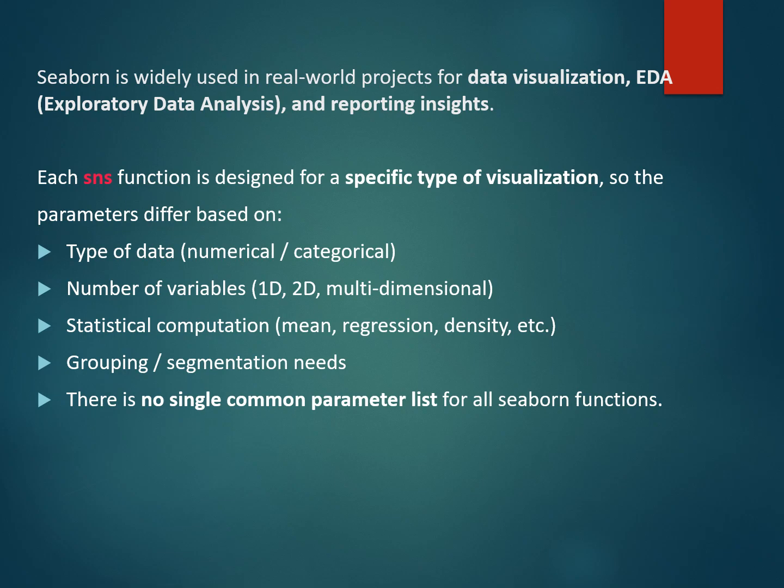Statistical computation: mean, regression, density, etc. This is important because Seaborn automatically adds statistics like averages, confidence intervals, regression lines, and density curves. Grouping or segmentation needs. This is where hue helps us compare categories like churn versus non-churn, fraud versus non-fraud, male versus female, and so on. Finally, the slide clearly states, there is no single common parameter list for all Seaborn functions.